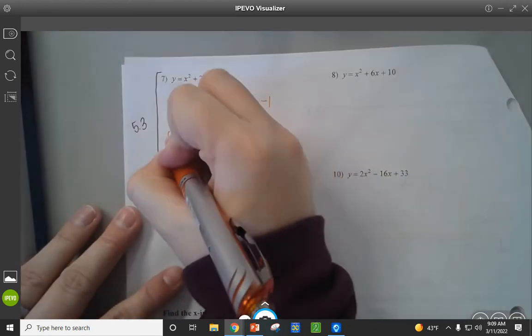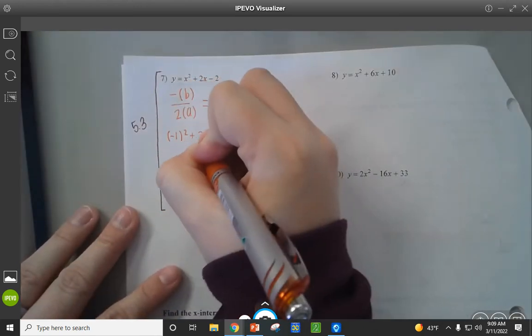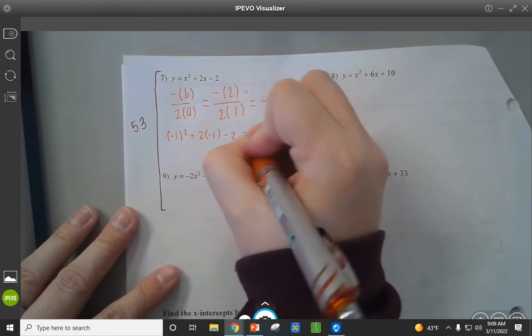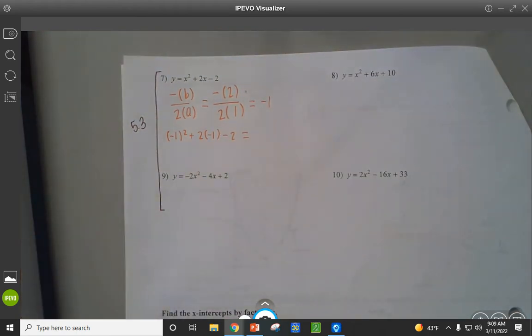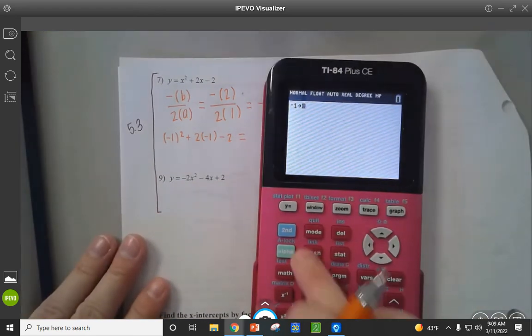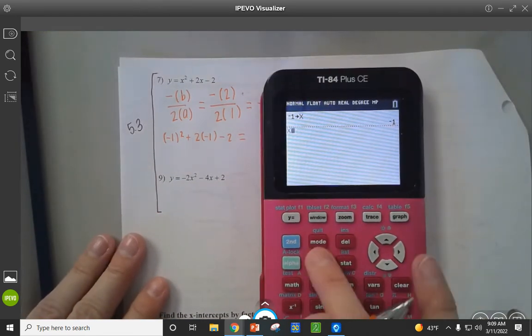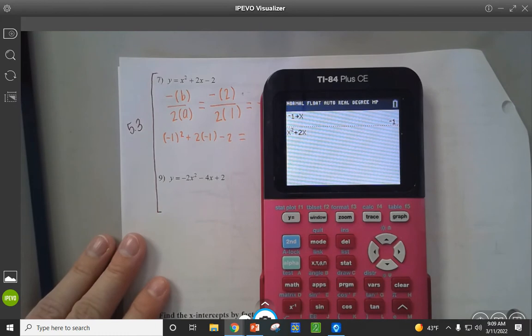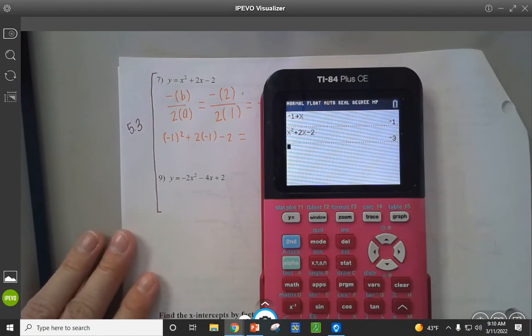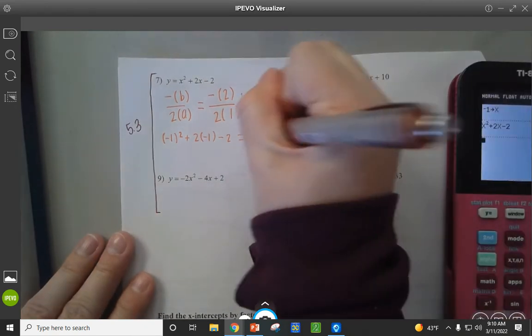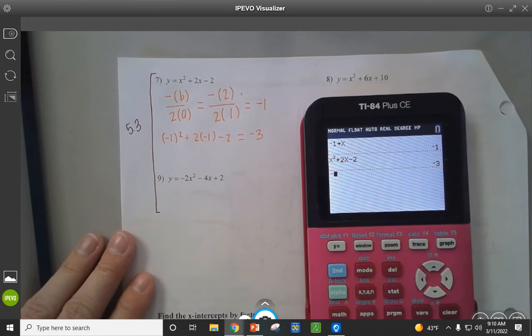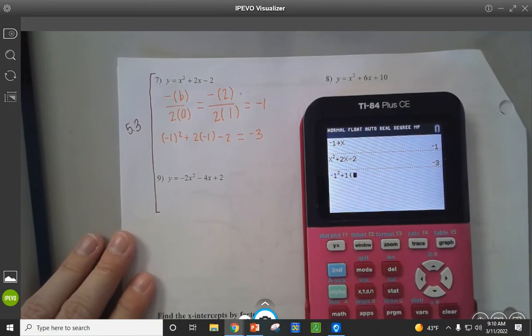You have to plug that back in to get the y value. I would definitely use the store button. Just like this. And you should get negative 3. What a lot of you are going to do is this. What did I do wrong?